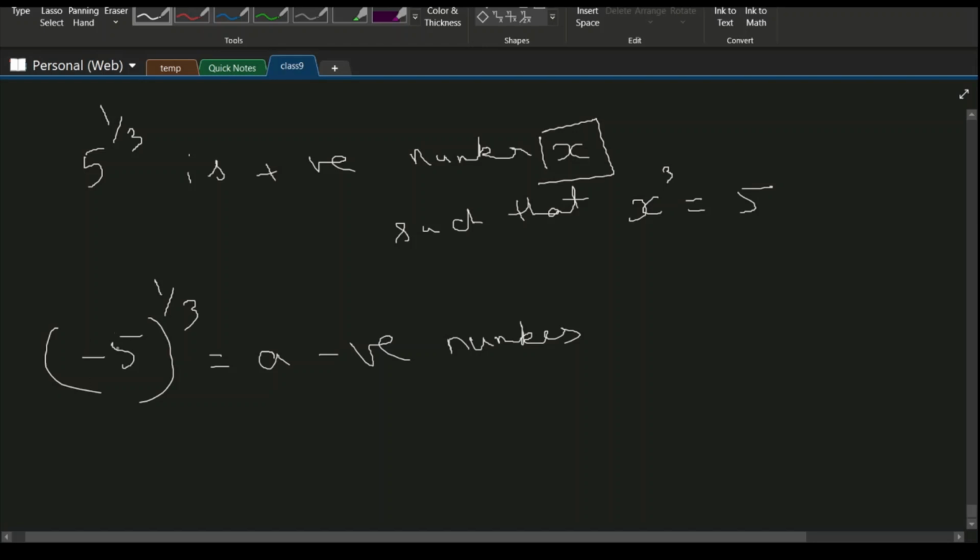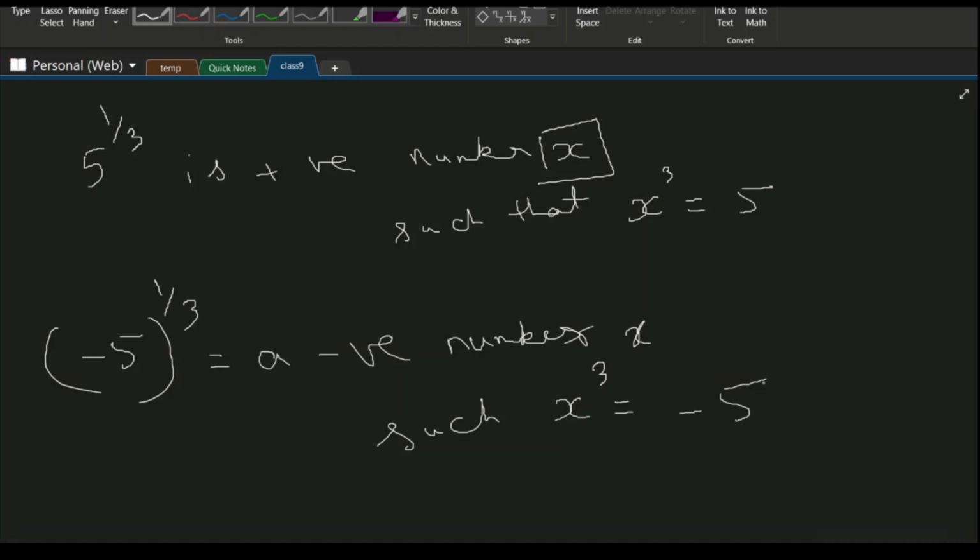So here, since the base is negative, what we want is a negative number x such that x cube should give me back this base, such that x cube equals minus 5. Right? So is this idea getting clear? Like how do we read it and what is the definition?